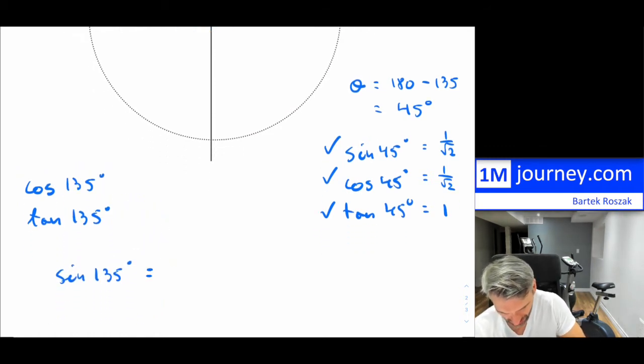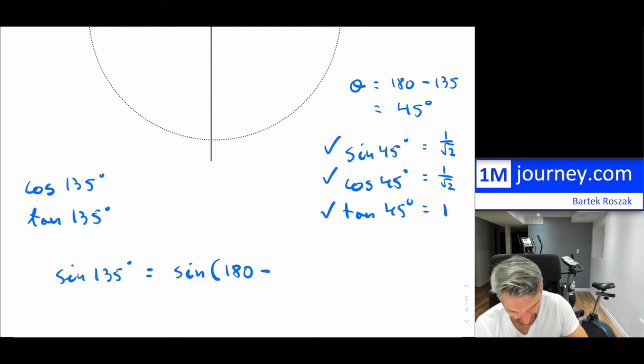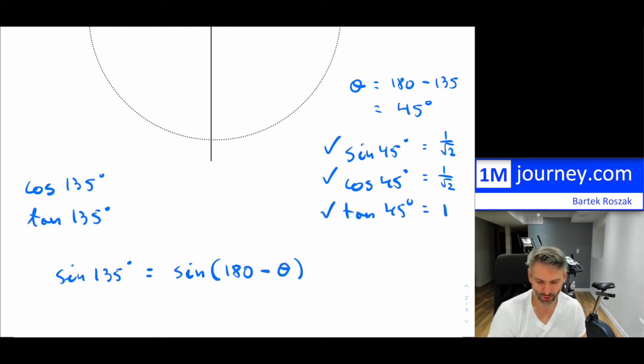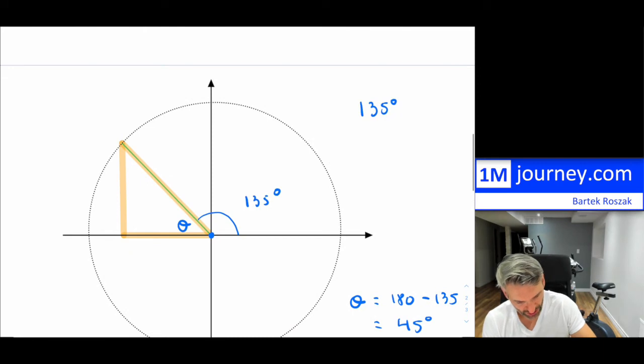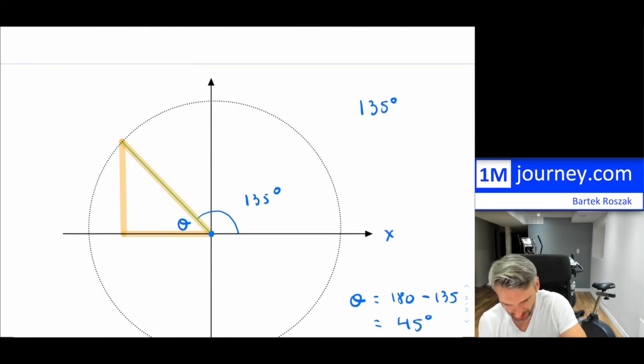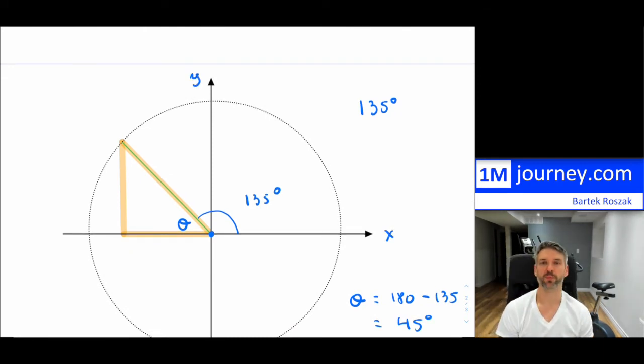What we said is this really is just sine of 180 minus the angle. In this case, it's 45. That's what sine of 135 really is. And if you think about this in terms of the x and y coordinate system, you notice that this isn't in the first quadrant, right?